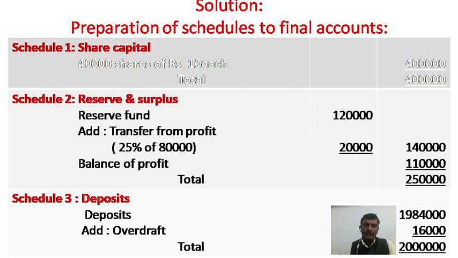Then actually we have to take any other reserves, but in this problem they were not given any other reserve, only one reserve is given, that is reserve fund, and we have treated it as a statutory reserve. And to this statutory reserve we have to add a transfer from profit of the current year, but the current year profit is still not known to us.